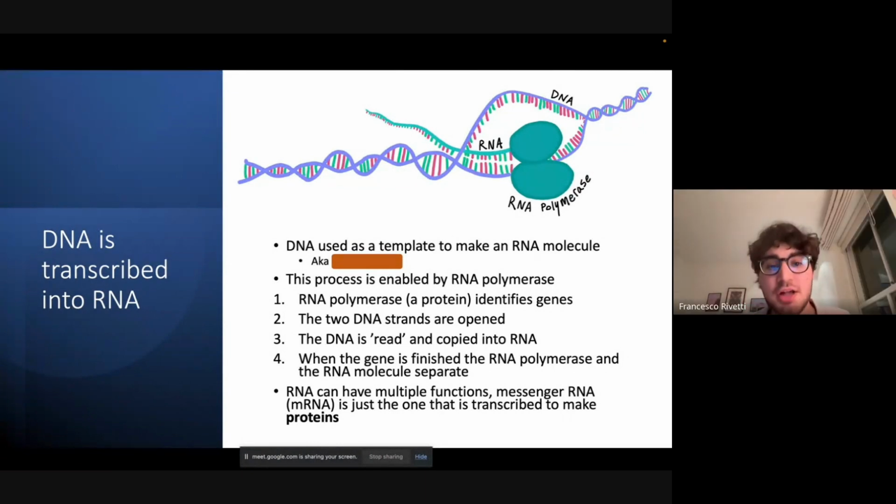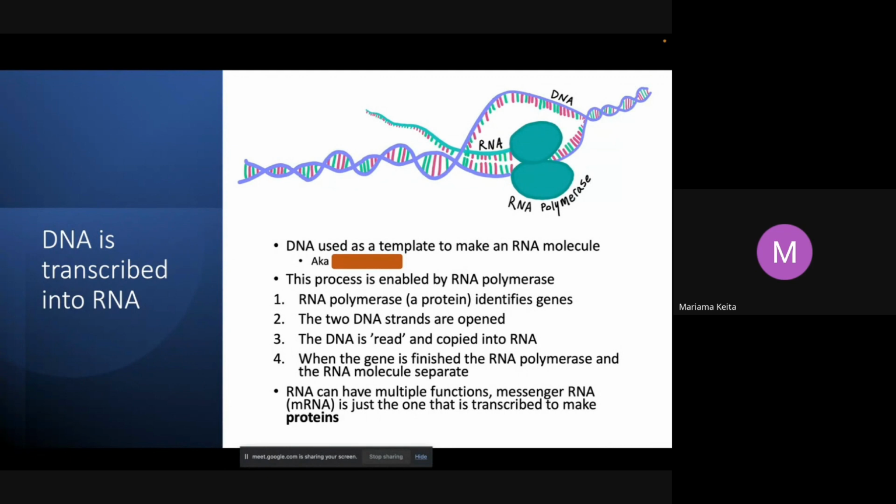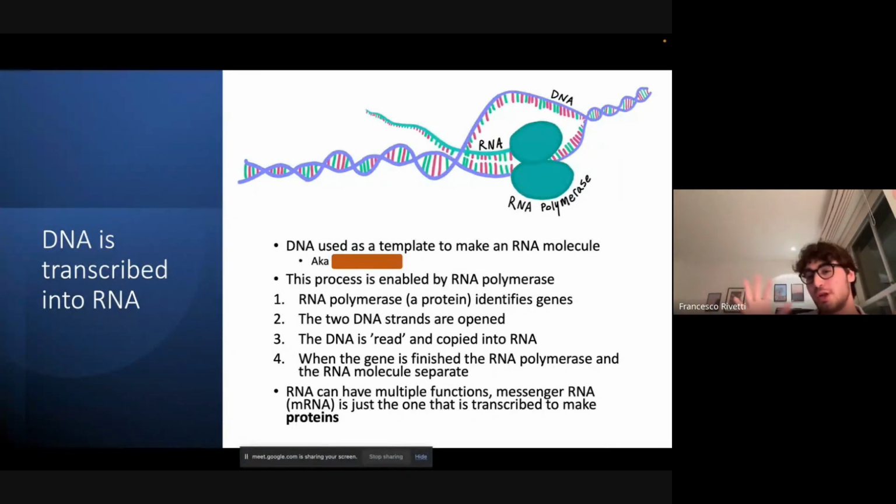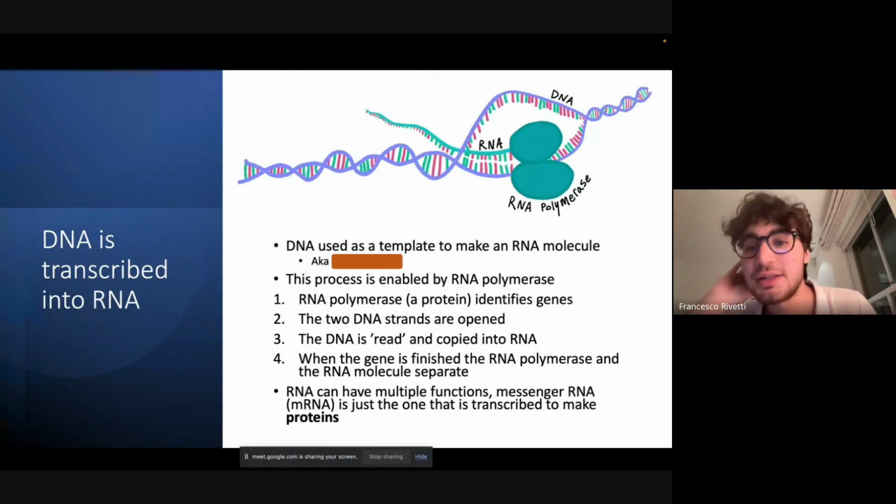Okay. So there are many types of RNA, but this goes a bit beyond what we need to understand. To explain very shortly, RNA is just what is made through transcription, and there are many types of RNA. Different RNAs have different functions. The one that we are concentrating on is called mRNA, because it's a messenger. But then you also have tens of types.